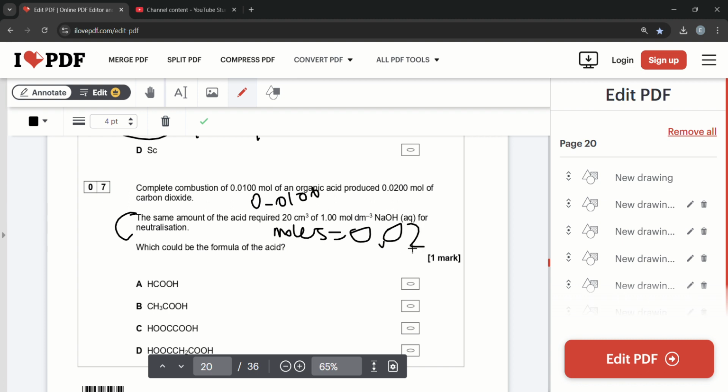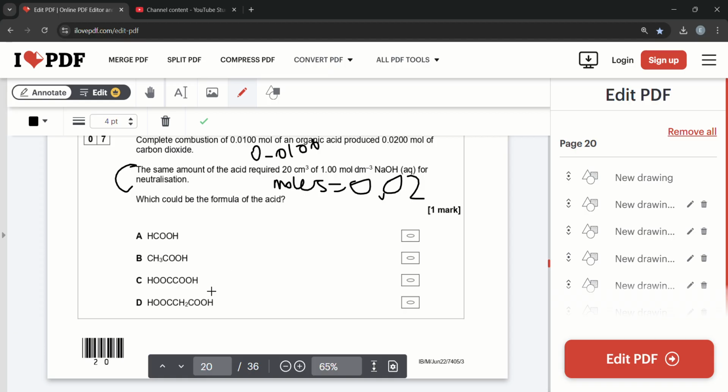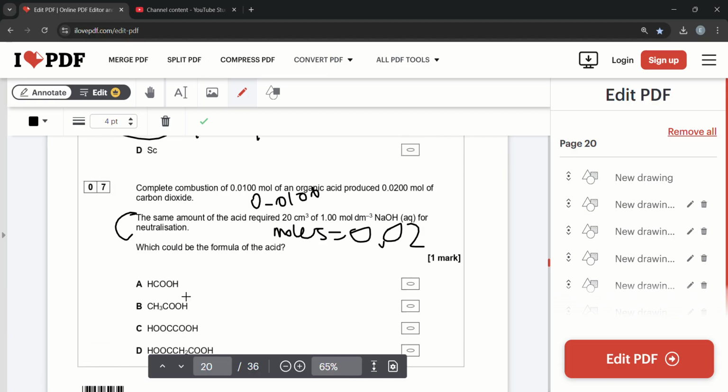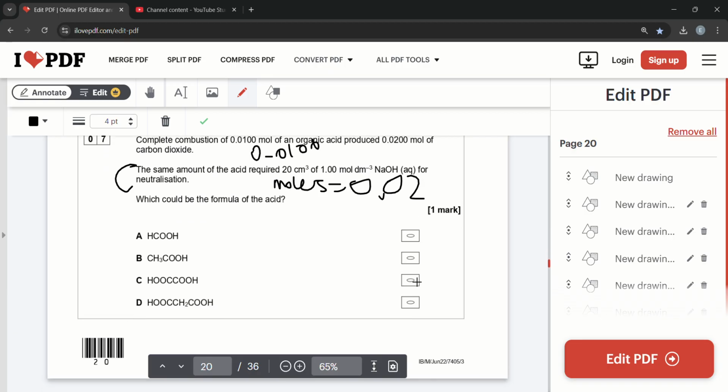So what we need is something with 2 COOH groups, and also 2 carbons. So it's going to be C.